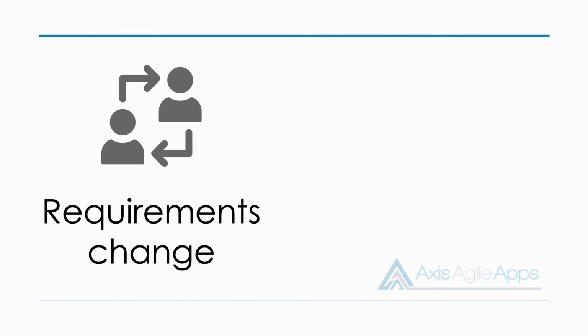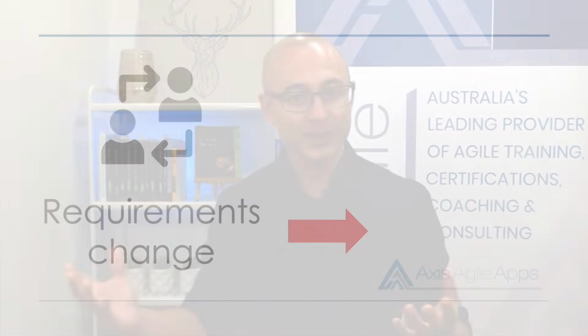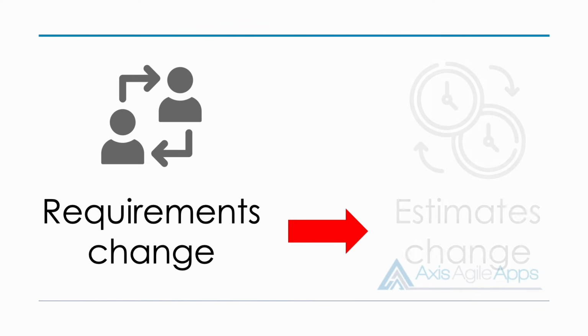Now you might be thinking still, why bother using an approach which is quicker and easier? It's because when we adopt an agile approach, our requirements will emerge. They will evolve and change over time. So naturally, if our requirements are changing, what's going to happen to our estimates? They are also going to change.